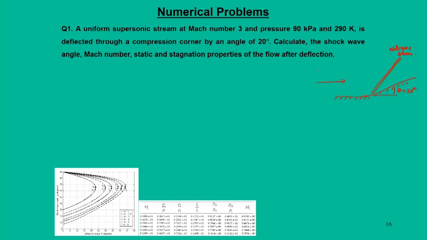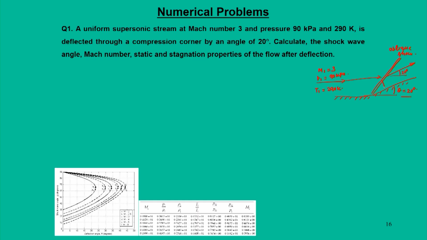Here the conditions given are M1 equal to 3, P1 equal to 90 kPa, T1 equal to 290 Kelvin. When this streamline crosses, it will get deflected, and that deflection angle will be the flow deflection angle, that is theta equal to 20 degrees.